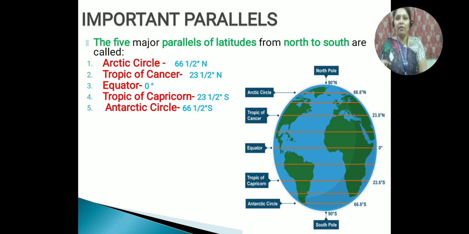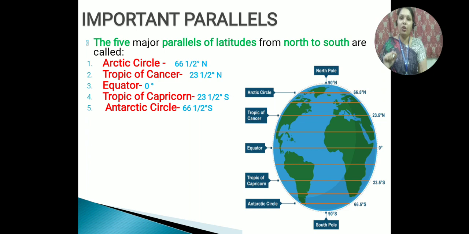These 5 parallels of latitude from north to south are the important parallels which we have to remember and study, along with their degrees, because sometimes the question comes: state the 5 important parallels and their degrees.